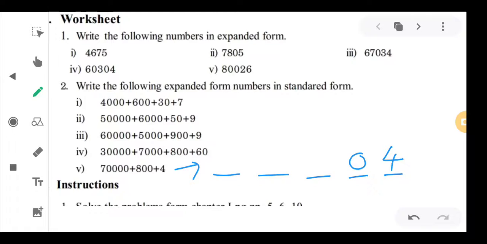In hundreds place there is 8. So 8. In thousands place there is no number. So 0. In 10,000s place 7. So this is 7. This is 0. So this is 70,804. Okay. So this is the worksheet.